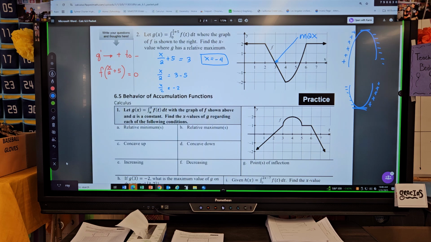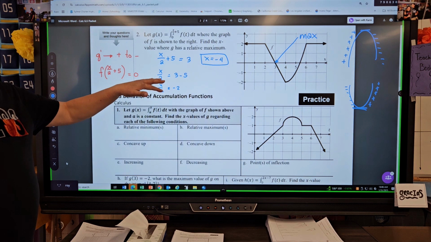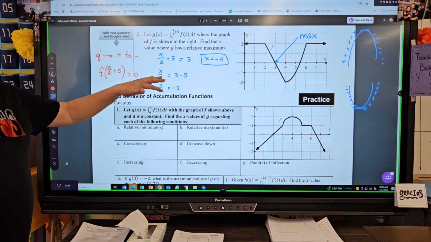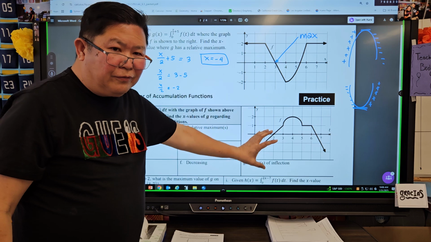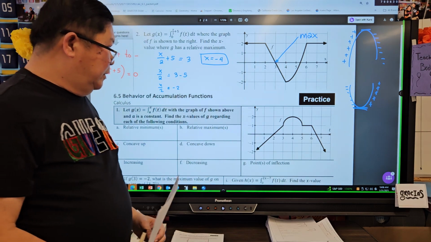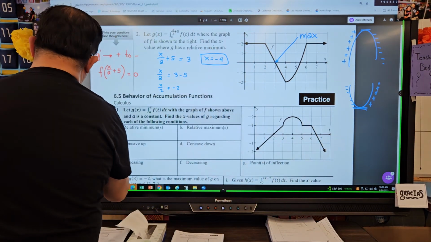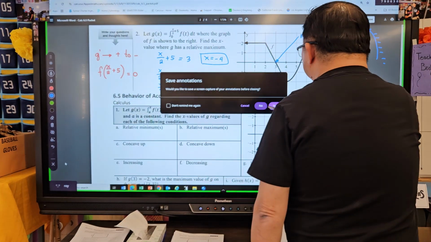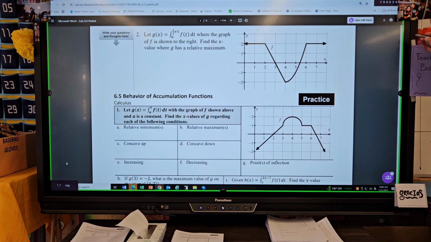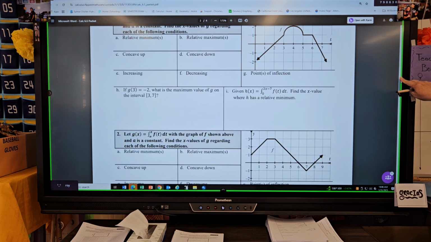Okay, let's do practice now. Most of the problems in the actual AP, particularly on free response, are graphs.